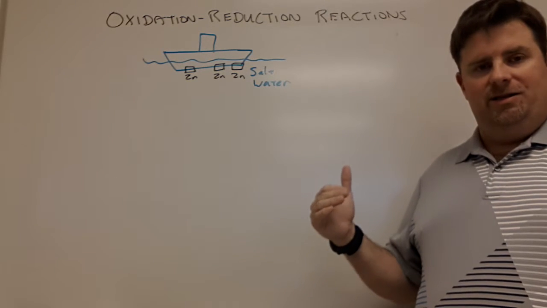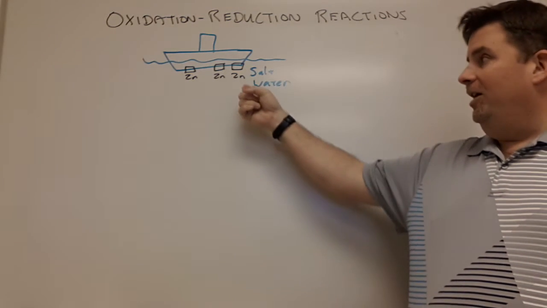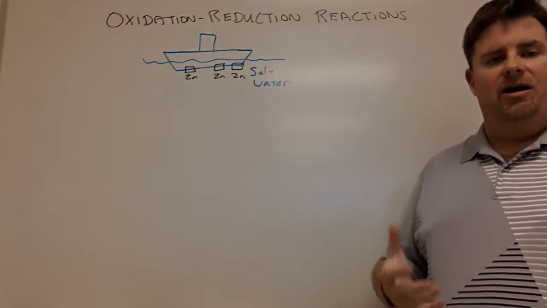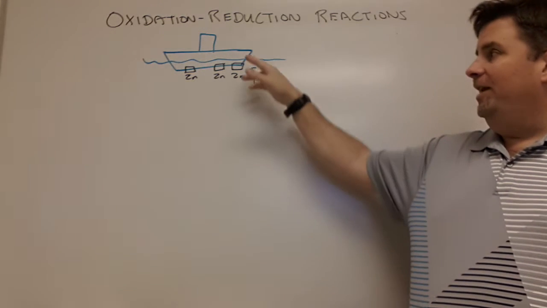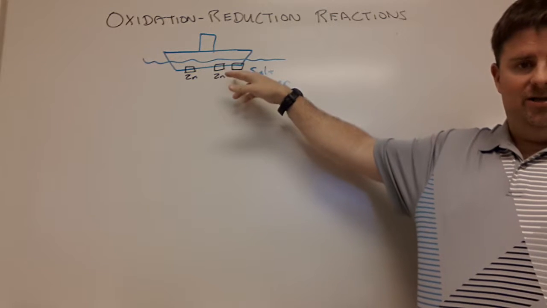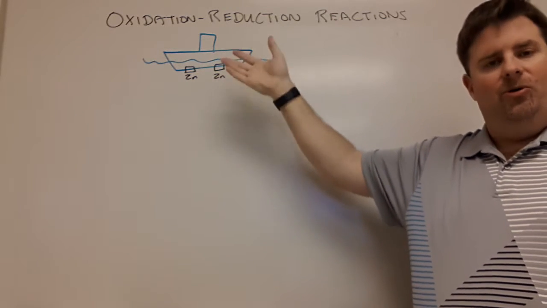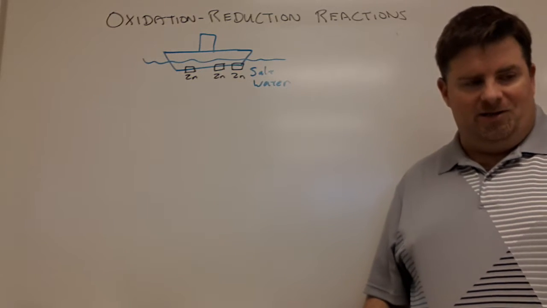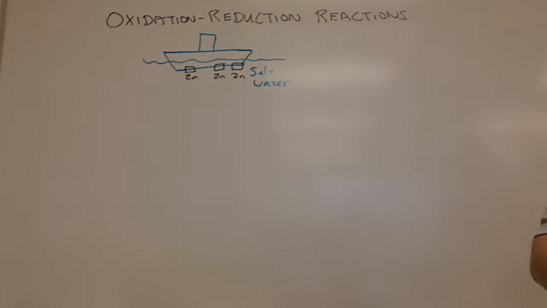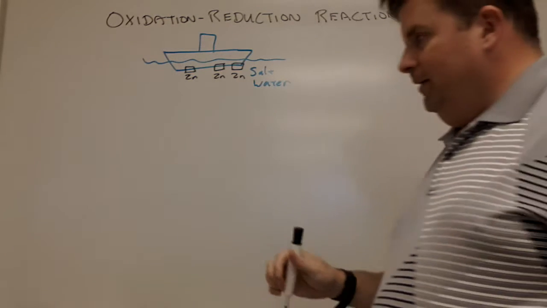They prevent that oxidation because it's easier to oxidize the zinc than it is to oxidize the iron hull. So the first thing that happens is that the zinc is going to get oxidized, and once that zinc's gone, then the boat hull can oxidize. So it's an interesting little thing as far as what happens in the ocean.